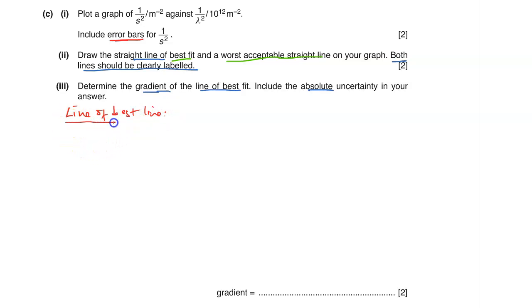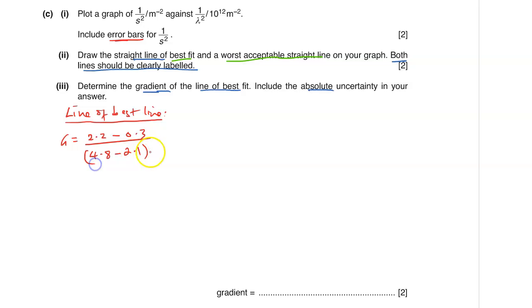So gradient of line of best fit, I've used these coordinates here. So gradient is equal to 2.2 on the y-axis, 2.2 minus 0.3 upon 4.8 minus 2.1.